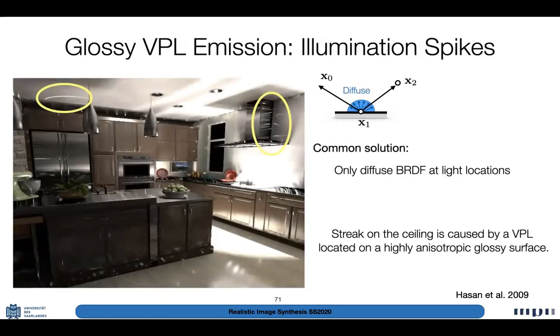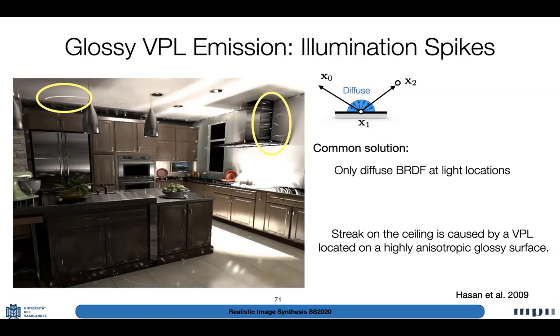For example, you see the streak on the ceiling. This streak is coming up there because it is caused by a VPL which is located on a highly anisotropic glossy surface there. And you can observe a similar thing on the kitchen side as well.